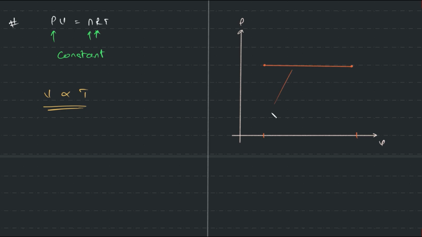So obviously your work will be this region: pressure times change in volume. So your work is P dV. The total work is the integral from V1 to V2 of P dV.